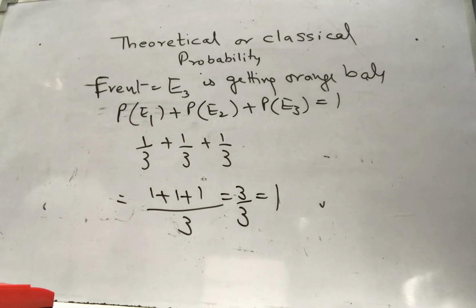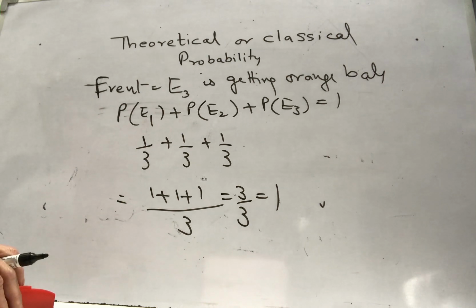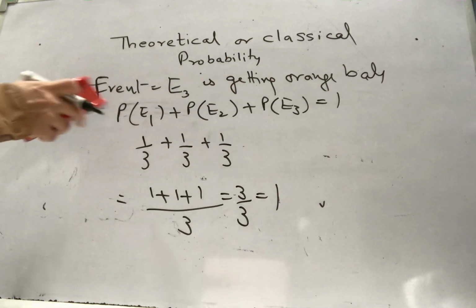An elementary event is an event where the outcome is 1 only, and when you add up these elementary events, you get the sum as 1.